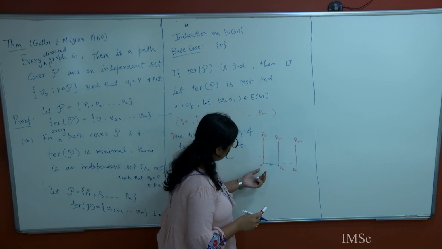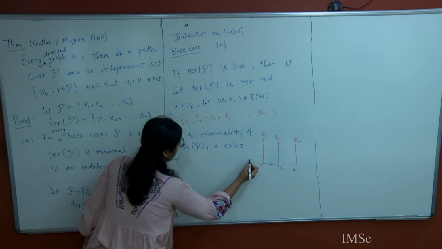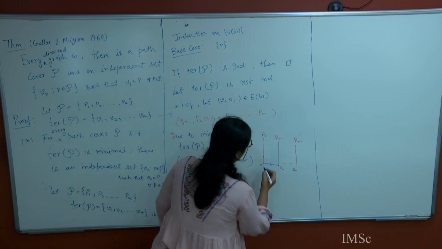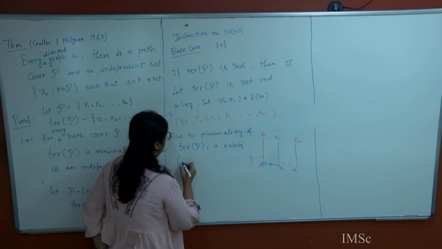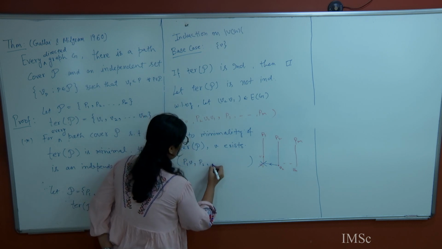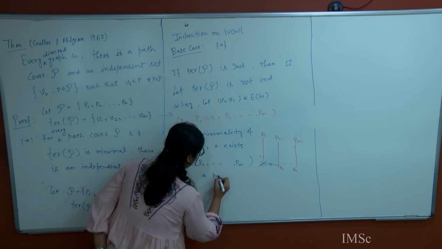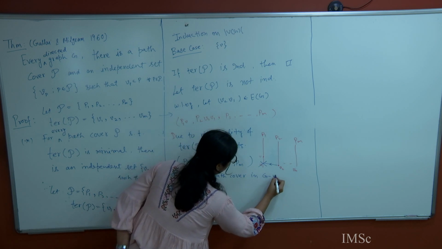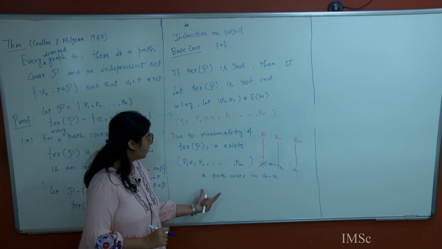If I remove V1 from my graph, then give me a path cover in G minus V1. What is the path cover? P1 ending at V, P2 as it is, and Pm. So this is a path cover in G minus V1. Okay.